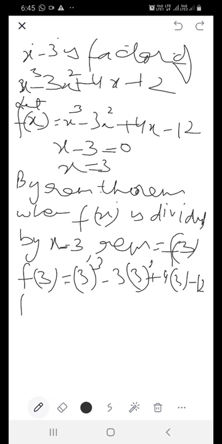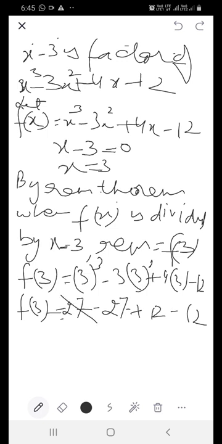So f(3) comes out to be 27, 3 cube is 27, 3 square is 9, minus 3 times 9 is 27, plus 12, 4 3s are 12, minus 12. So 27 minus 27 cancels out, plus 12 minus 12 cancels out. So f(3) comes out to be 0.